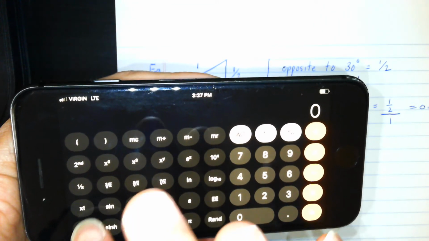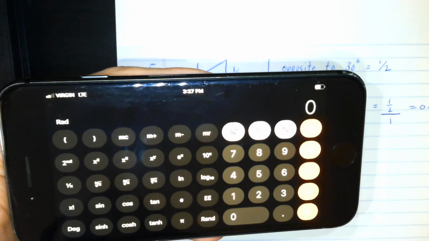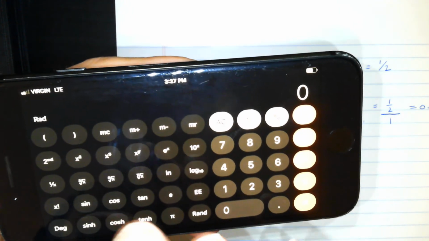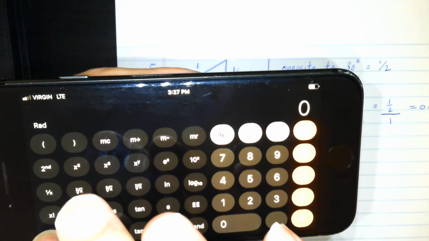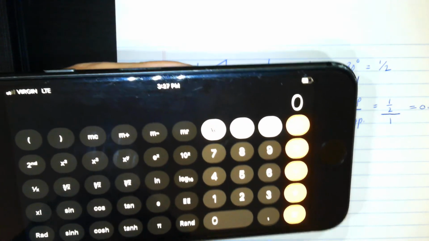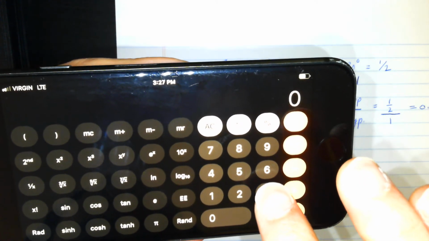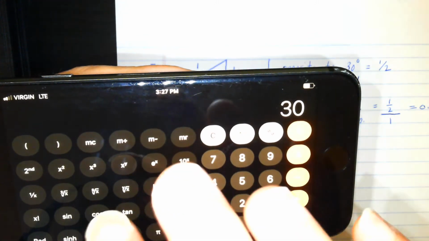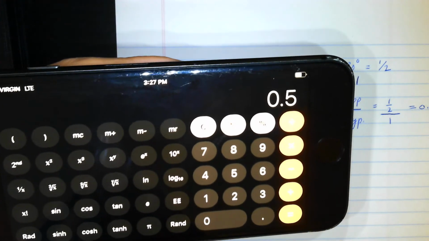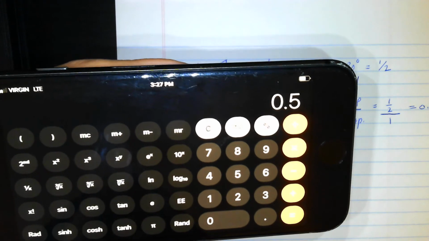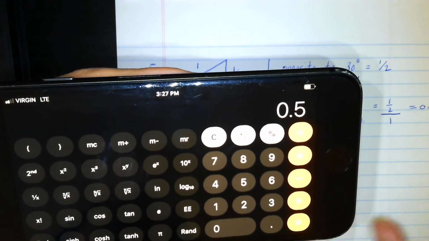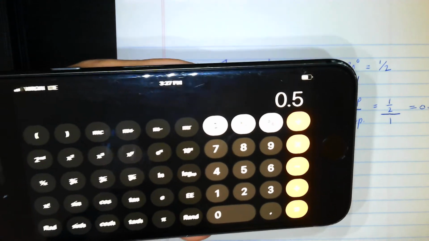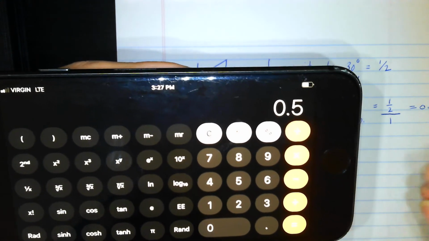If I were to push rad here, it takes me out of degrees. Rad is radian measure for an angle. Degrees is what we're currently in. So if I take sine of 30, as you can see, I get 0.5. So what these trigonometric functions do is they just measure the ratio of the sides according to the angle theta.